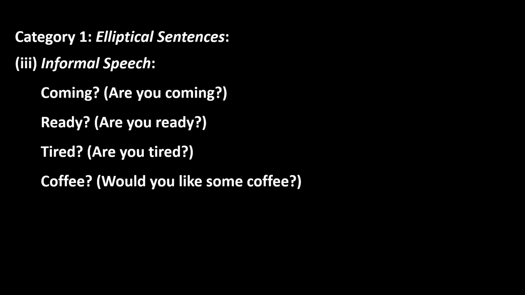Coming? Ready? Tired? mean are you coming? Are you ready? Are you tired? Coffee? Would you like some coffee? So informal speech, these are elliptical sentences, subtype 3. Although these expressions do not have verbs, they are complete sentences called minor sentences.